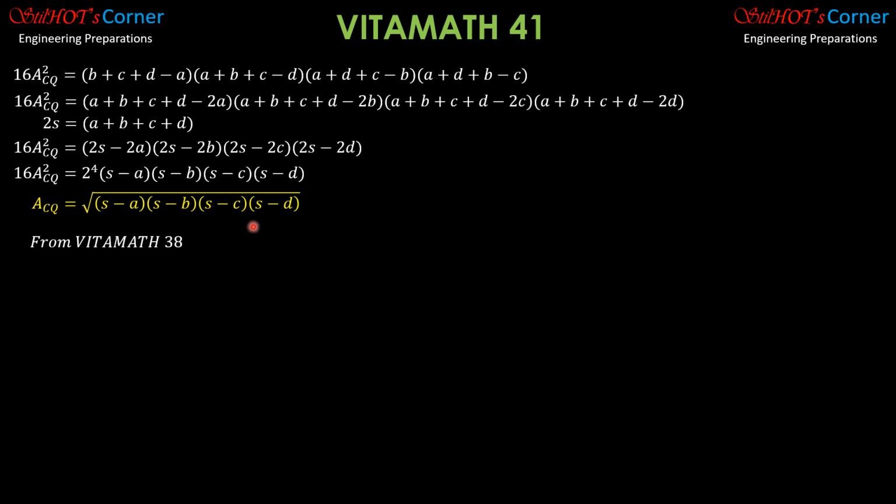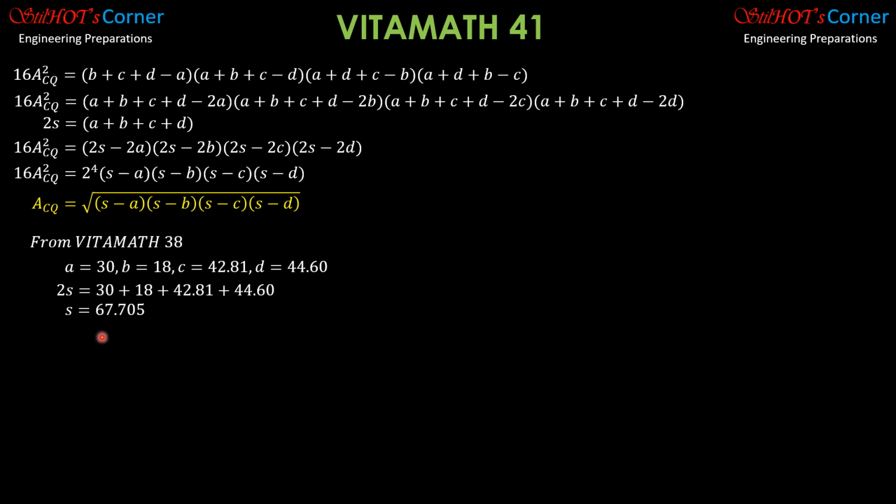Thereby, in the preceding problems, we solved C to be 42.81 units and D 44.6. So A is 30, B is 18, C is 42.81, and D is 44.6. 2S therefore is 30 plus 18 plus 42.81 plus 44.6, divided by 2. So S is 67.705 units. So 67.705 units minus 30.